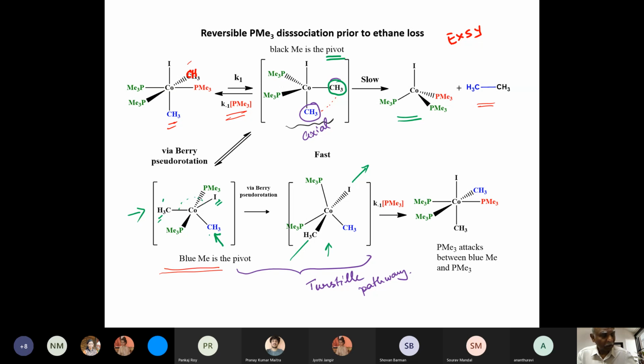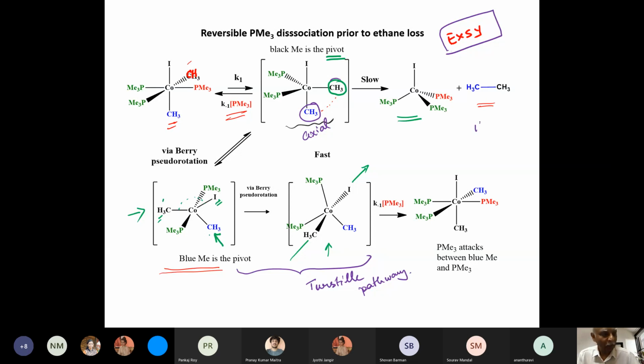So the methyl groups seem to interchange much faster than the elimination of the ethane. These have been studied using a technique called EXSY, exchange spectroscopy. They showed that PMe3 exchanges faster than ethane elimination, and Me position exchanges faster than ethane elimination.